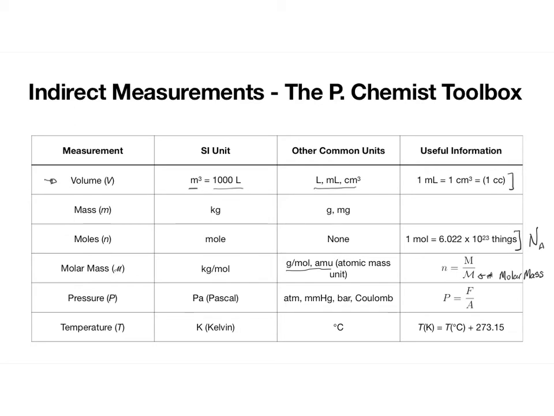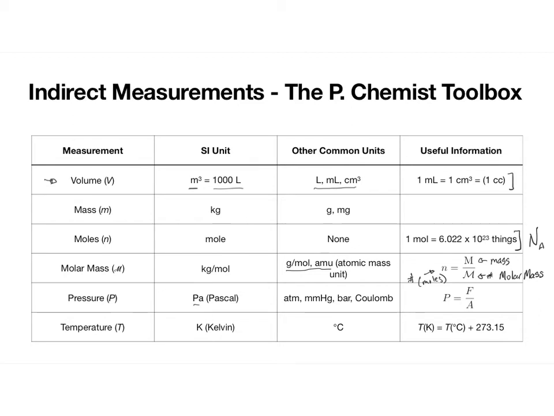And we can get the number of moles by taking the mass and dividing it by the molar mass. I know it's been a while, but I'm sure that will come back to you.